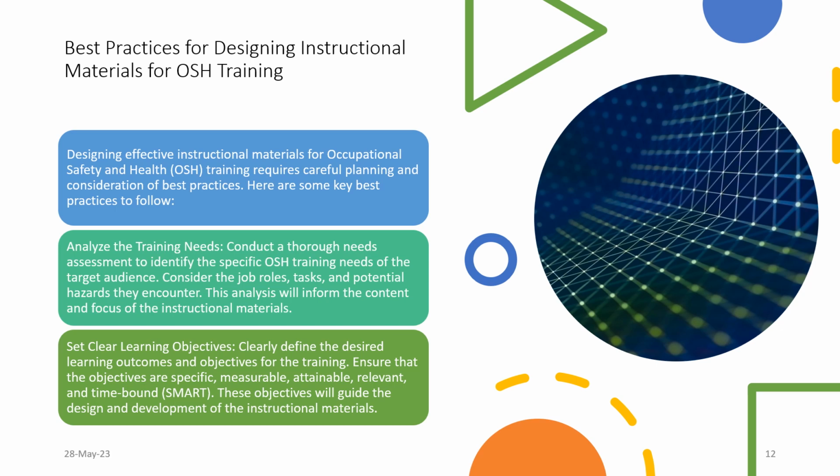And then we also need to have clear learning objectives, with clearly defined desired learning outcomes and objectives for the training. For example, we ensure that all objectives are specific, and also promote measurement. These learning objectives will guide you in the design and development of instructional materials.